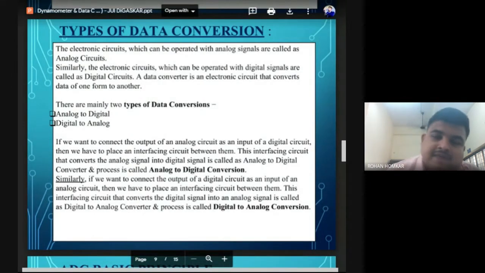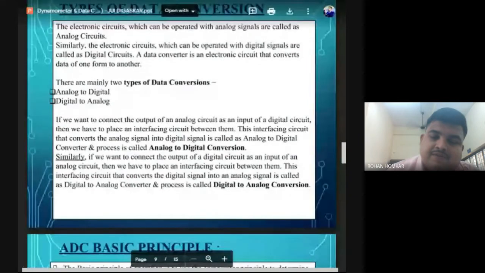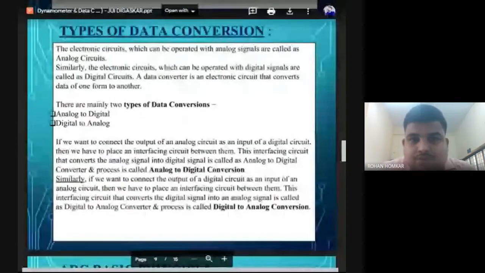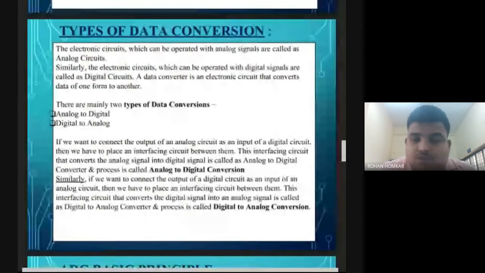Now let's identify what this process is all about and how we are going to use it in our instruments. Okay. So if we want to connect the output of an analog circuit, which is in the form of an analog signal, to the input of a digital circuit, for example, I am speaking right now, so my output is analog, right?